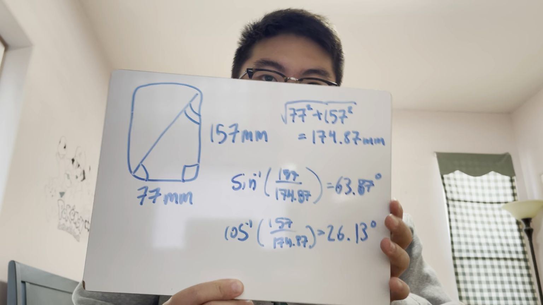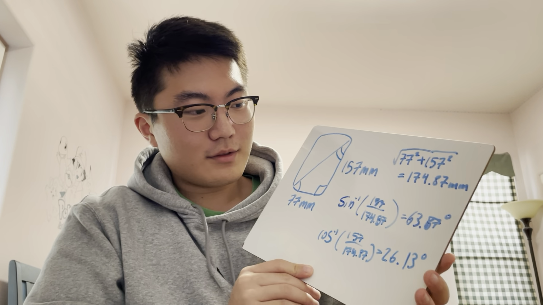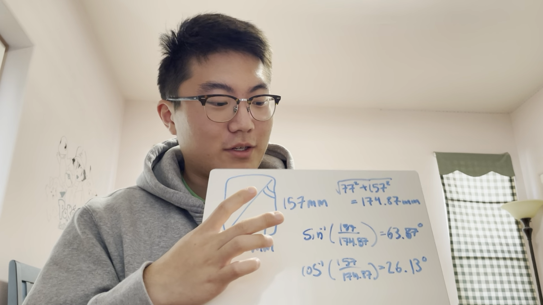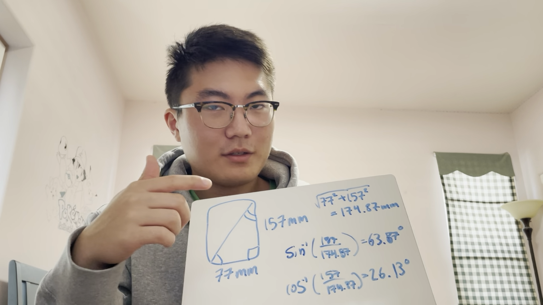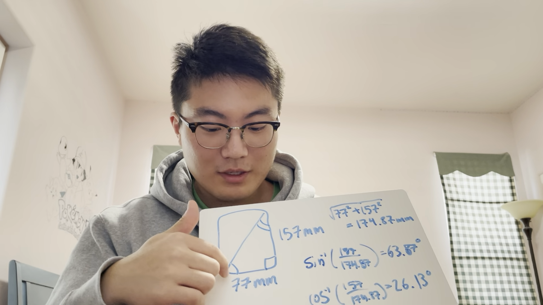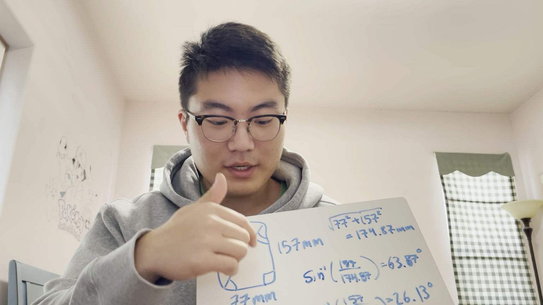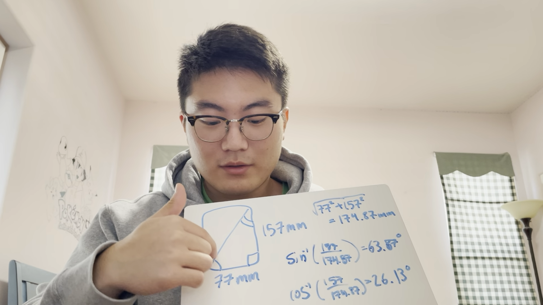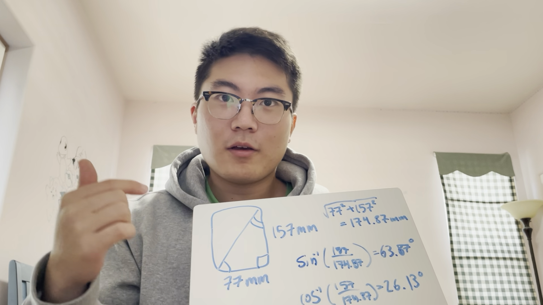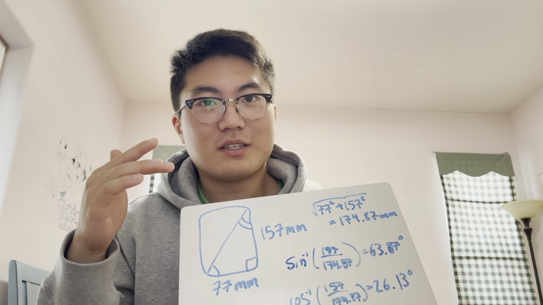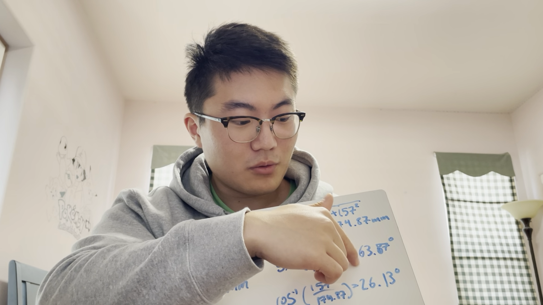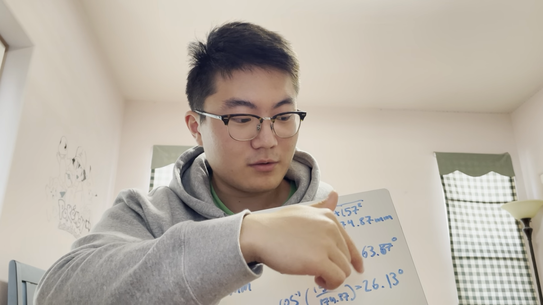My drawing isn't the best, but the way I can estimate that it's correct is that you see this is 90 degrees, and this angle seems to be wider than this one. Another way I can tell it's even more accurate is if I add 63.87 and 26.13.